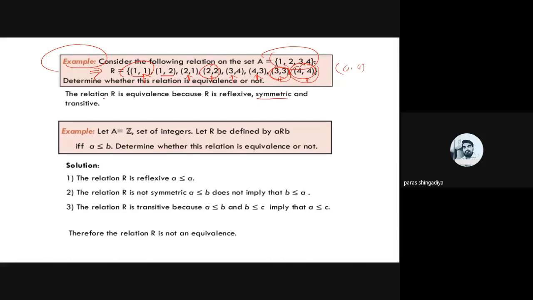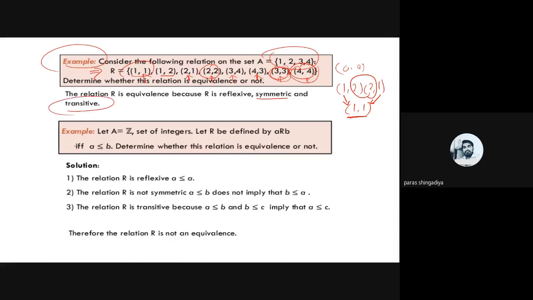And then for transitive, just consider a pair such as 1 comma 2, and then 2 comma 1 as A comma B and B comma C, where B should be common. Then create the A comma C form, meaning the first entry from the first pair and the last entry from the second pair. So this pair should belong to the relation. For all such possibilities, if A comma B and B comma C belong to R, then A comma C also exists. So it is the transitive form.